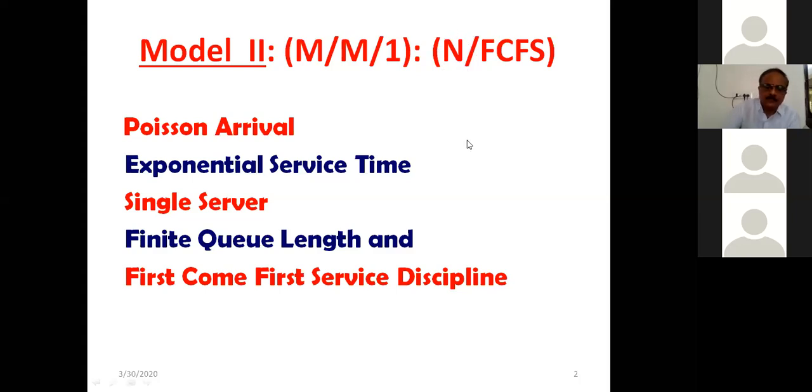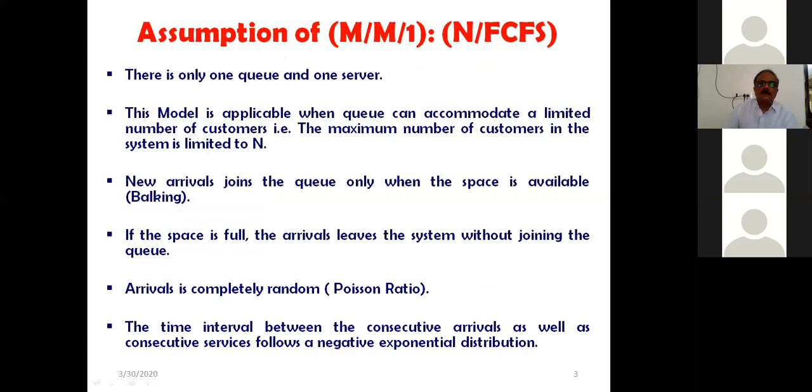That's all. Now let us see some assumptions and salient features of this particular model. There is only one queue and only one server. Then the model is applicable when the queue can accommodate a limited number of customers.